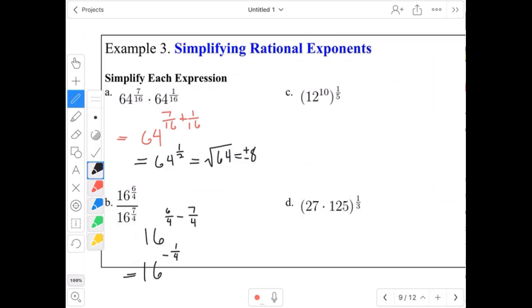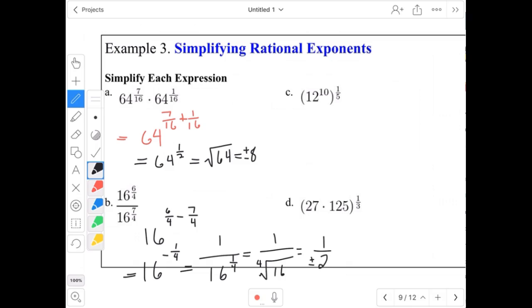Now, if I have a negative, that's going to move me down to the bottom, so that turns this into a fraction, and 16 to the 1/4 power. That would be the same as taking a 4th root.